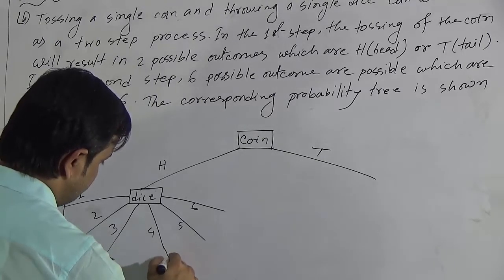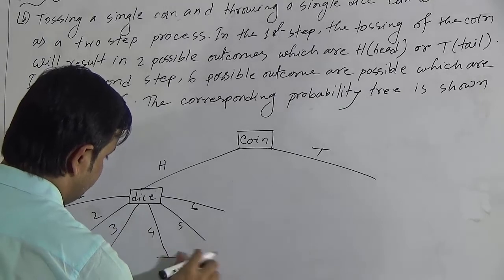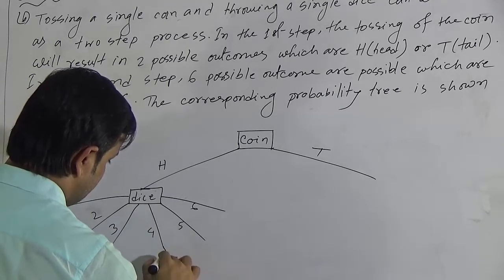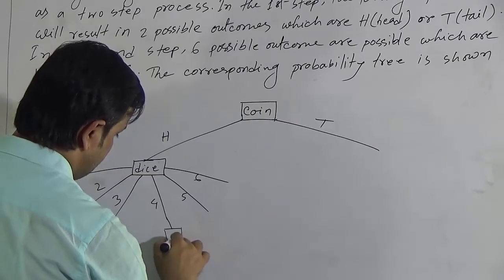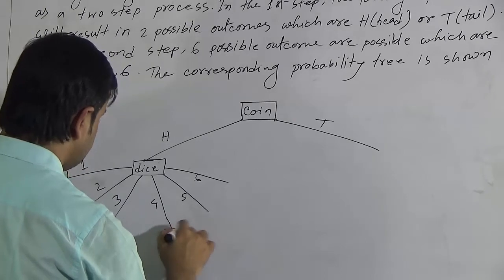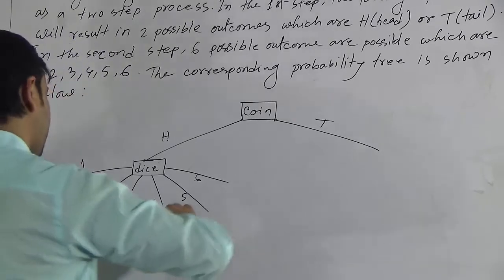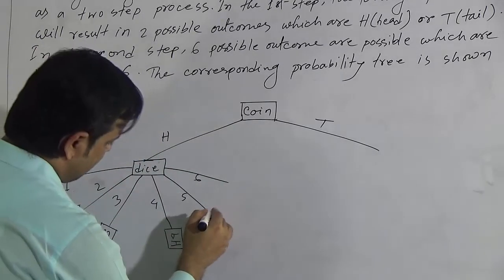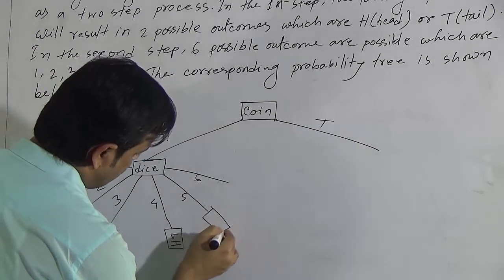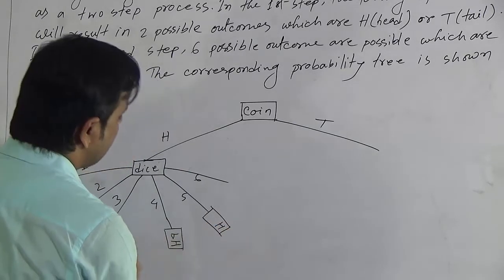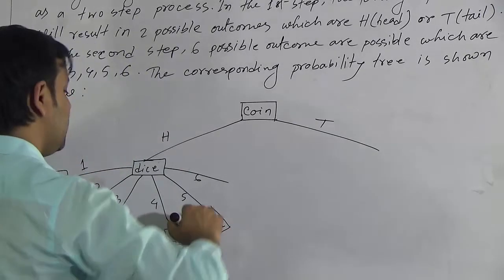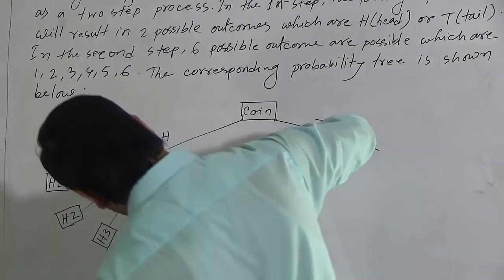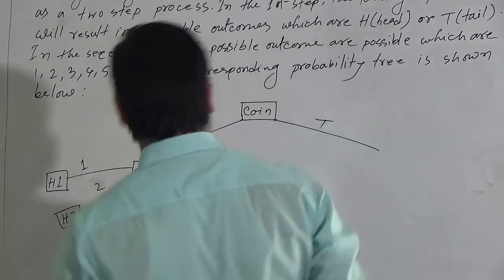Another sample point, head in coin and 4 in dice. Another sample point, head in coin and 5 in dice.